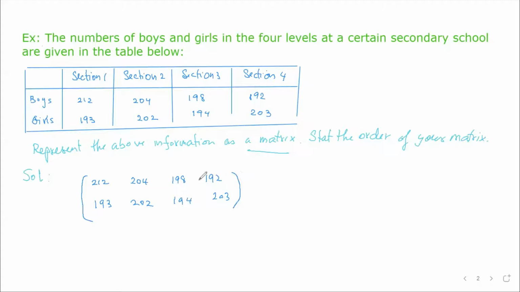This represents the matrix pattern, and then they want us to state the order. Again, you just read how many rows and columns. We read from here: this is the first row, and this one is the second row.